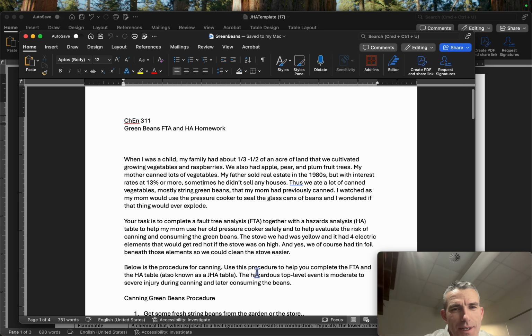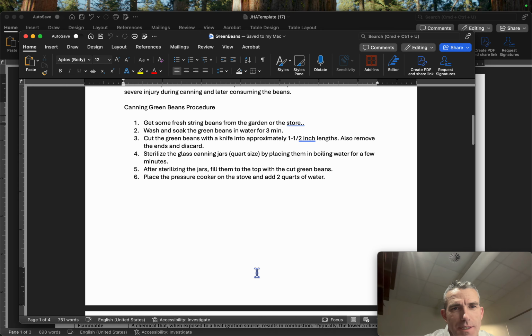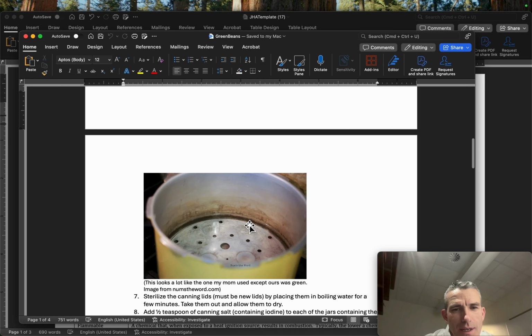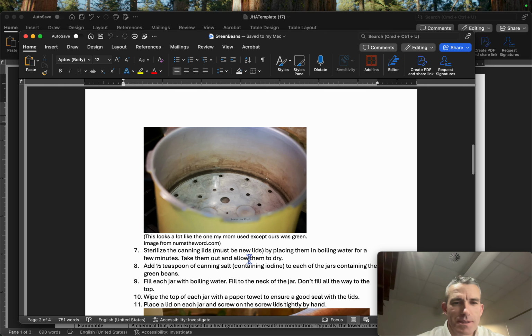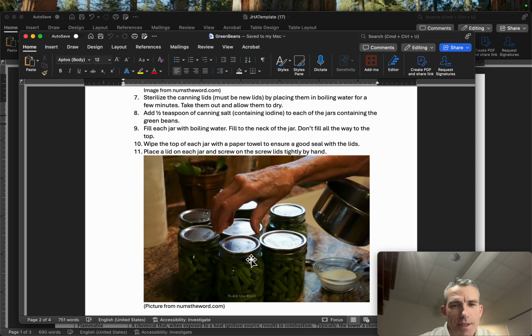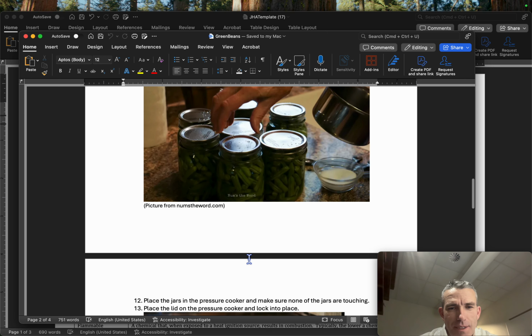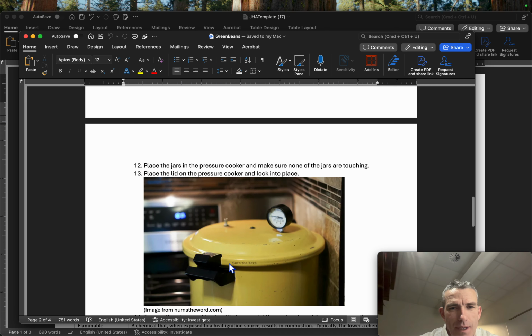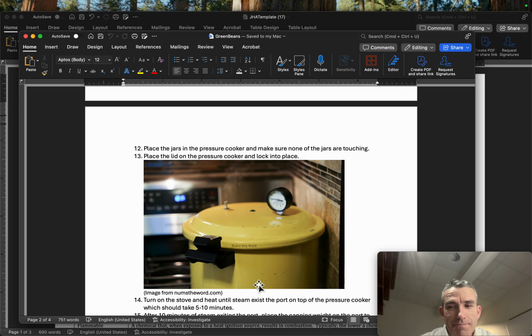So here's the assignment, and I've got a procedure for how to use a pressure cooker to can green beans. This is something that my mom did often. We had a small garden, and she canned a lot of beans, and I always looked at the pressure cooker and wondered if it was going to explode.